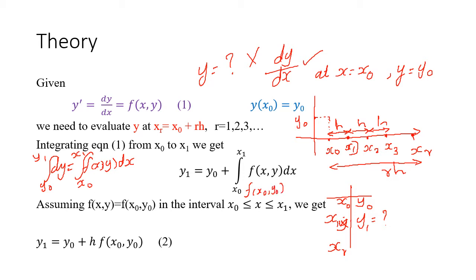Since that is a constant, you can take it outside the integral, so I took it outside. Then what is remaining inside the integral is dx. If you integrate dx, you will get x, and applying the limit x0 to x1, you will get x1 minus x0. x1 minus x0 is nothing but h, so that is why h here. Okay, hope you understood.